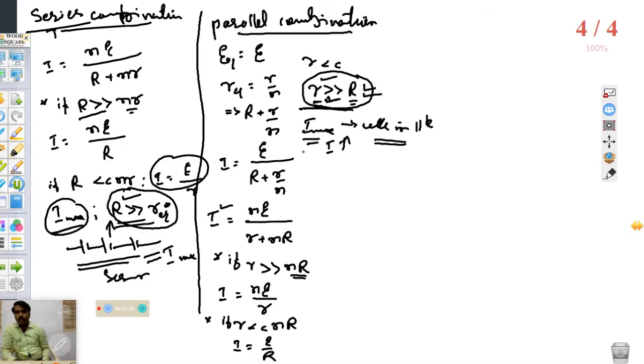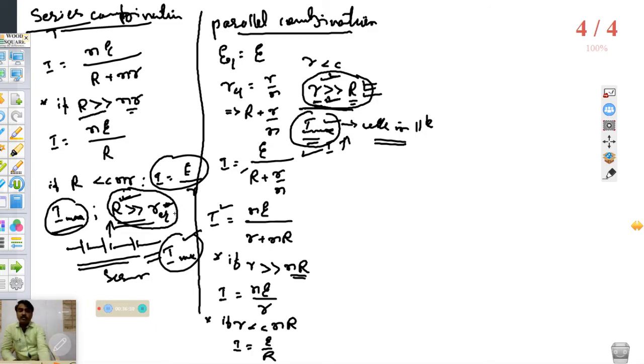In both cases we are calculating the maximum current, but the conditions are different.